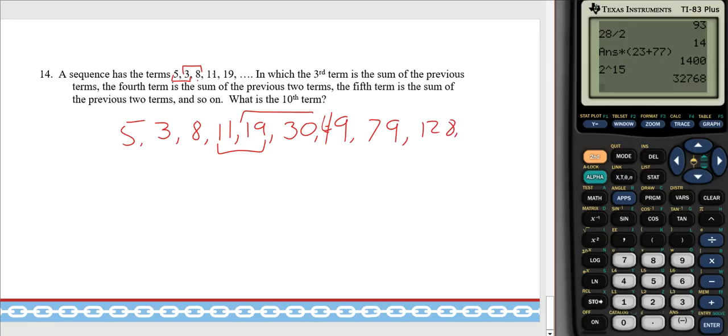And then 79 plus 128 is 207. Right? And you could calculator that up as you go to get that work. But you're not going to be able to use any formula to jump right to your 10th term.